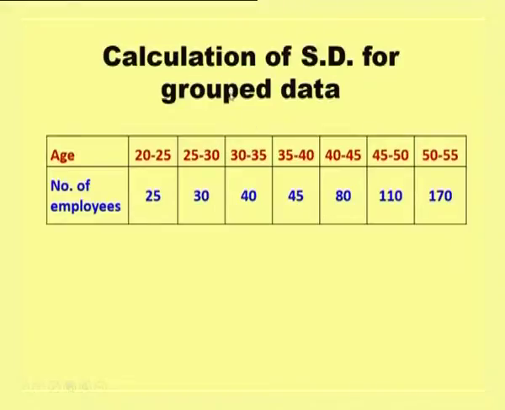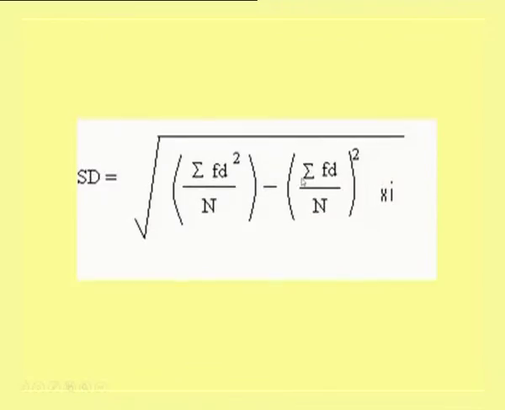Now, if grouped data is given, here as an example the age and the number of employees: 20 to 25, 25 to 30, etc., and the number of employees. So, it is a grouped data. If it is given, how to calculate the standard deviation? The formula is slightly changed.